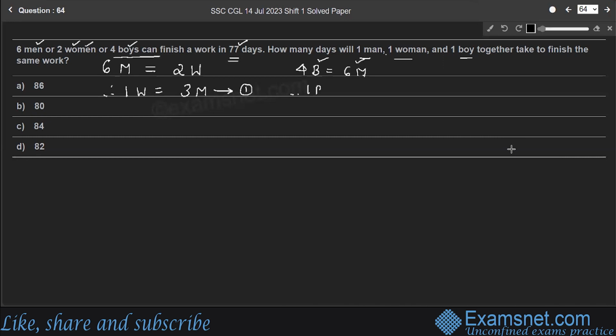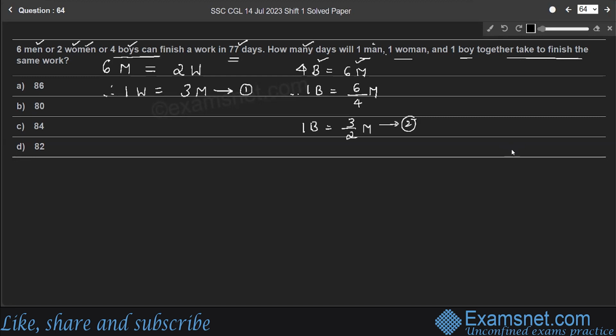Therefore, 1 boy is equivalent to 6 by 4 men, or 1 boy is equal to 3 by 2 men. Right? Consider this as equation 2. So the same amount, here the question is, in how many days will 1 man, 1 woman and 1 boy together take to finish the same work, right?